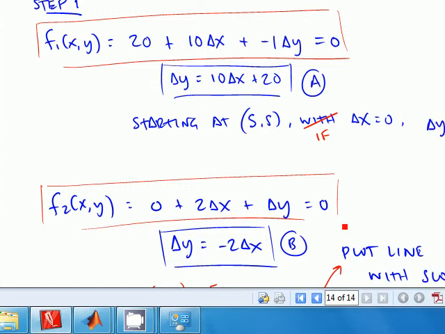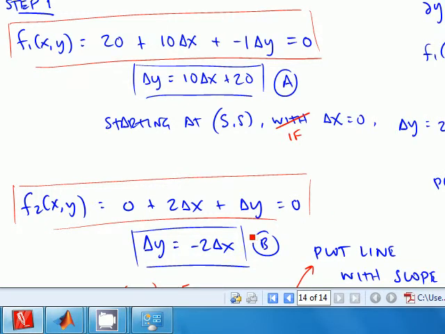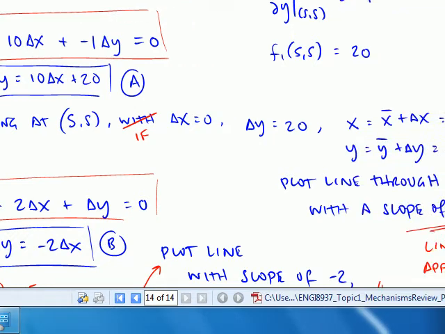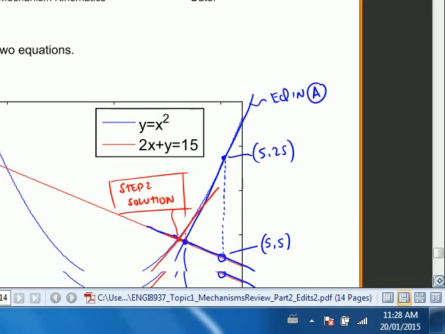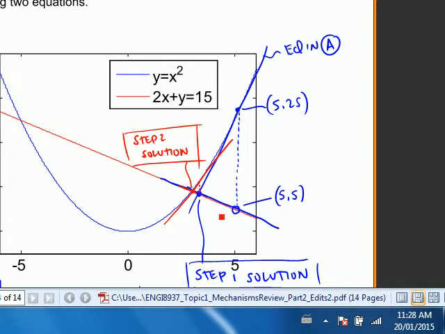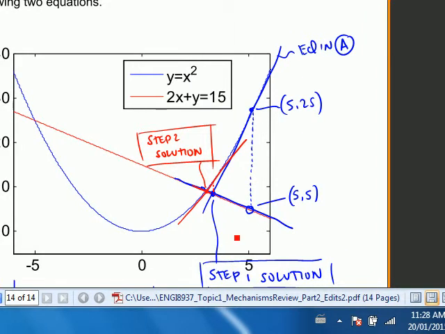This is what we got. And if I start at my guess and I want to go up to find the function, so if I start at 5, 5 and say delta x is 0, I don't need to go up at all to get to the function. I just stay where I am and I plot a line with a slope of minus 2. And that's the red line.